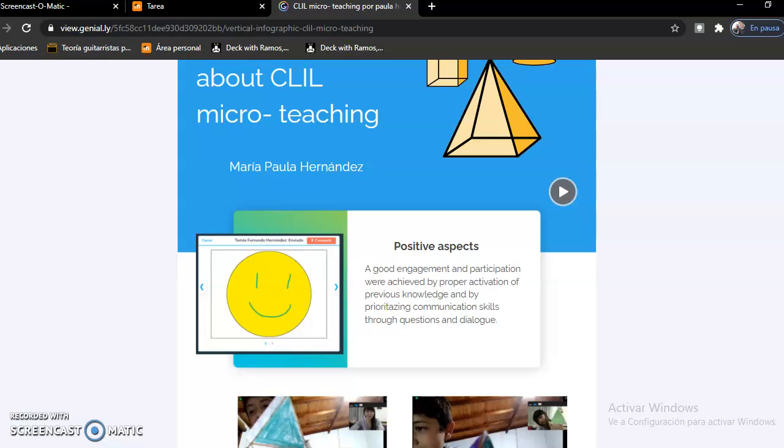grade. So the positive aspects were mainly two: the engagement and the participation. A good engagement and participation were achieved by proper activation of previous knowledge and by prioritizing communication skills through questions and dialogues.